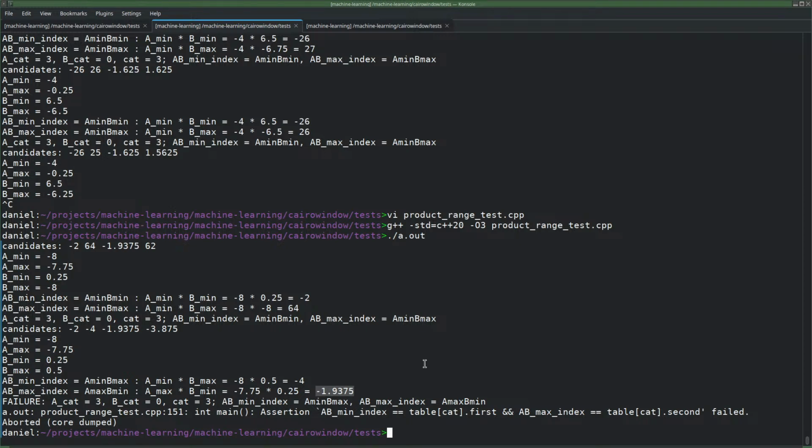But the problem is that this is changing from min max to max min.